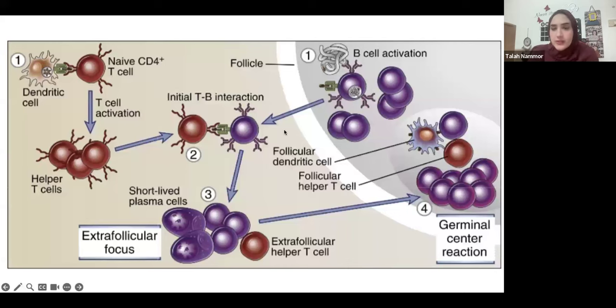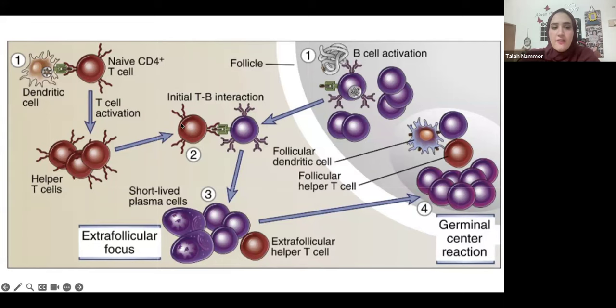How will it know where to meet the T cell? Basically, when all of this is happening, chemokines are being released. And we know what chemokines are: they're chemical attractants, so they're calling on cells. And those chemokines are extremely specific to those activated cells.